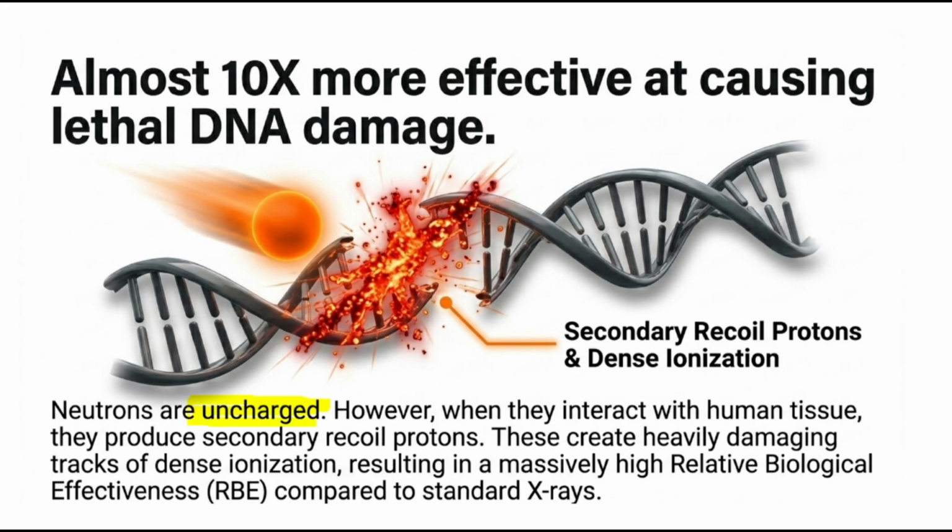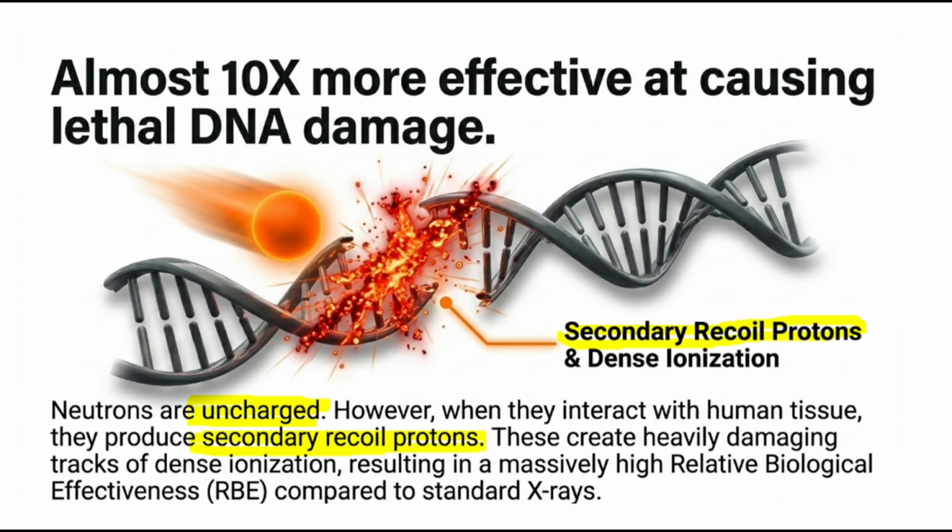However, when they interact with human tissue, they produce secondary recoil protons. Look at the DNA diagram on your slide. These recoil protons create heavily damaging tracks of dense ionization right through our cells. This severe concentrated damage completely destroys the human DNA.